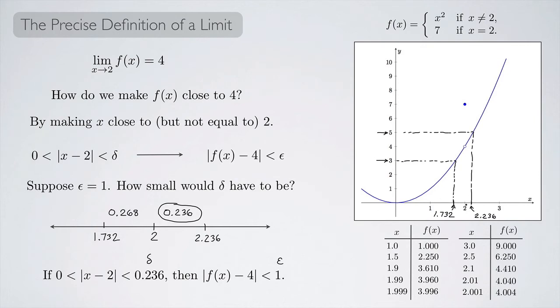Like if I took something really, really close to 2, and I trace that back up, you can see that that would also guarantee that I am less than 1 unit away from 4. So this is the largest possible value, but anything smaller than that would work.